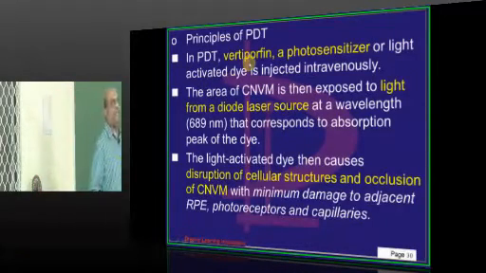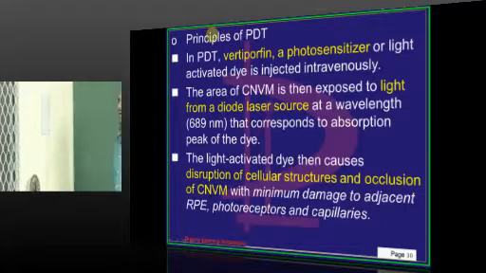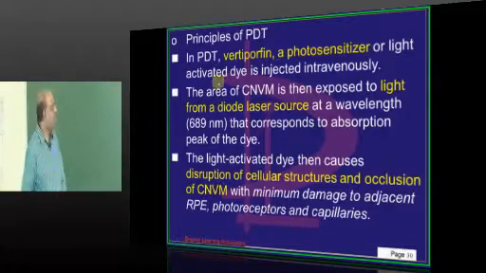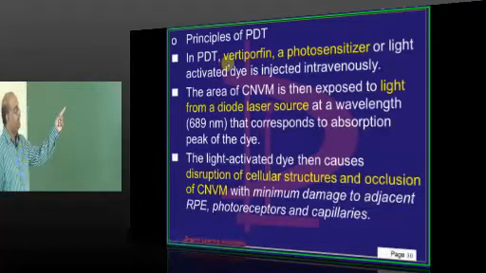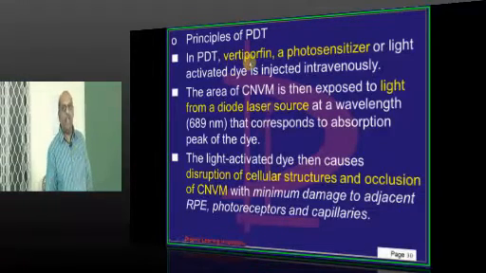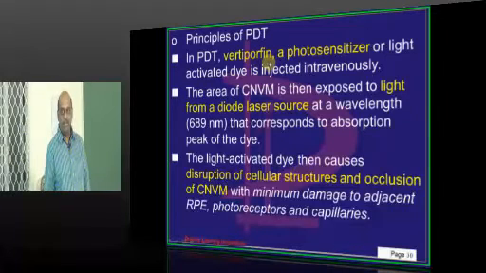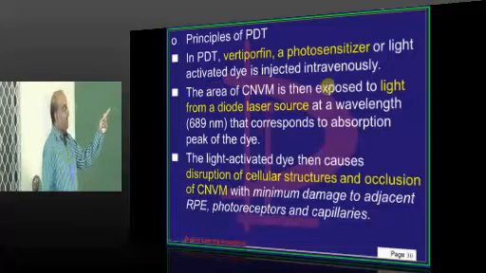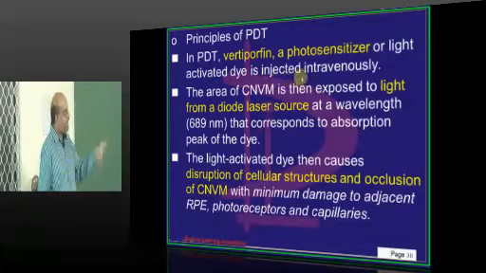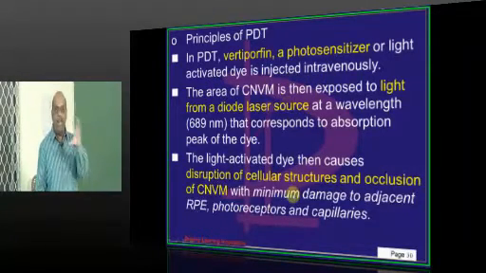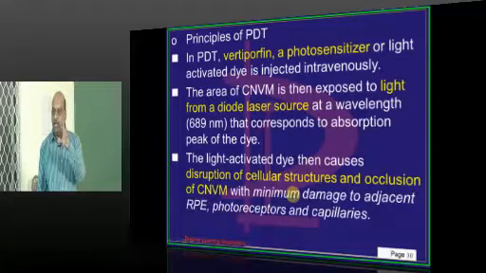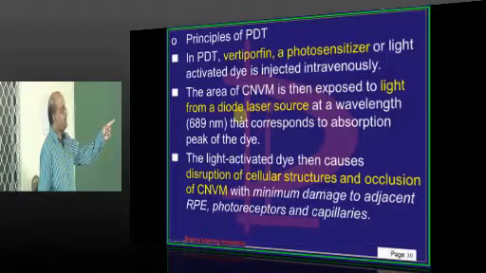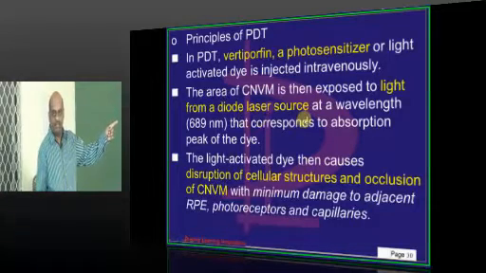So what is meant by photodynamic therapy? Too much imagination, right? So very simple. We use what is called verteporfin. It is a photosensitizer. It is basically injected intravenously, and the area where the choroidal neovascular membrane is located is then exposed to a diode laser.